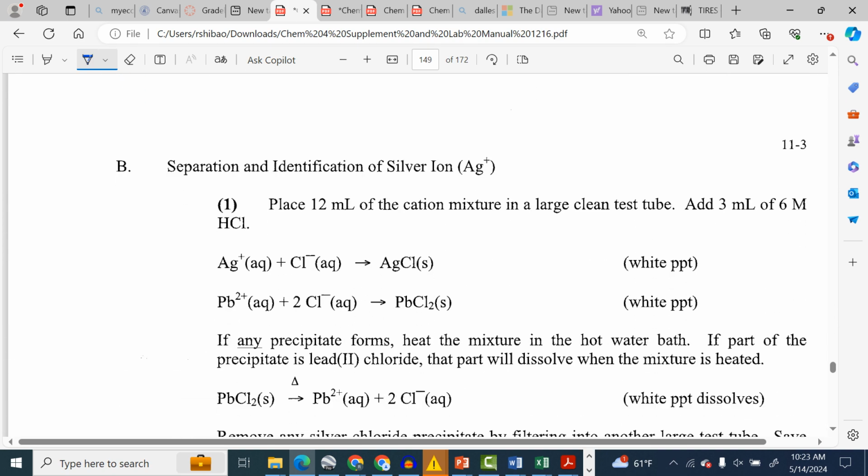We're going to start with B. B is a very involved procedure. Testing for silver, lead, manganese, what was the other one?